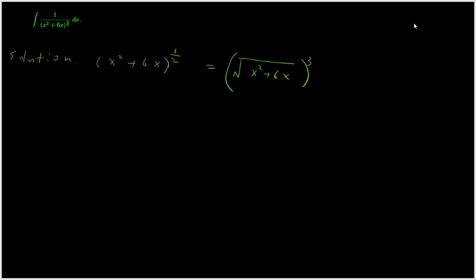This time I'm writing 3 in there. You see you have a radical, but the radical is not in any of the forms in the table, right? What do we do?